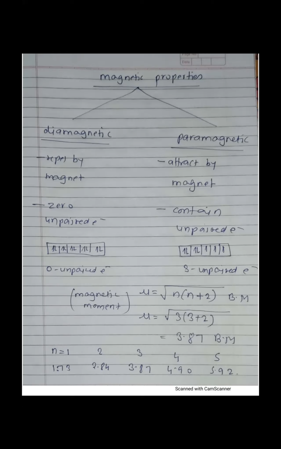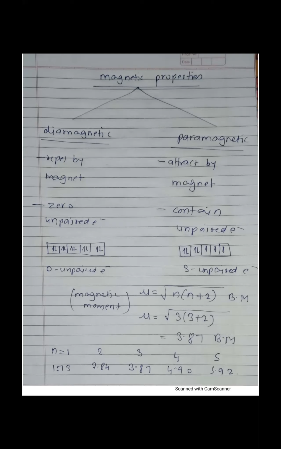If I fill 10 electrons in the d orbital, then I get 0 unpaired electrons. That's why zinc is diamagnetic, because it has 0 unpaired electrons.